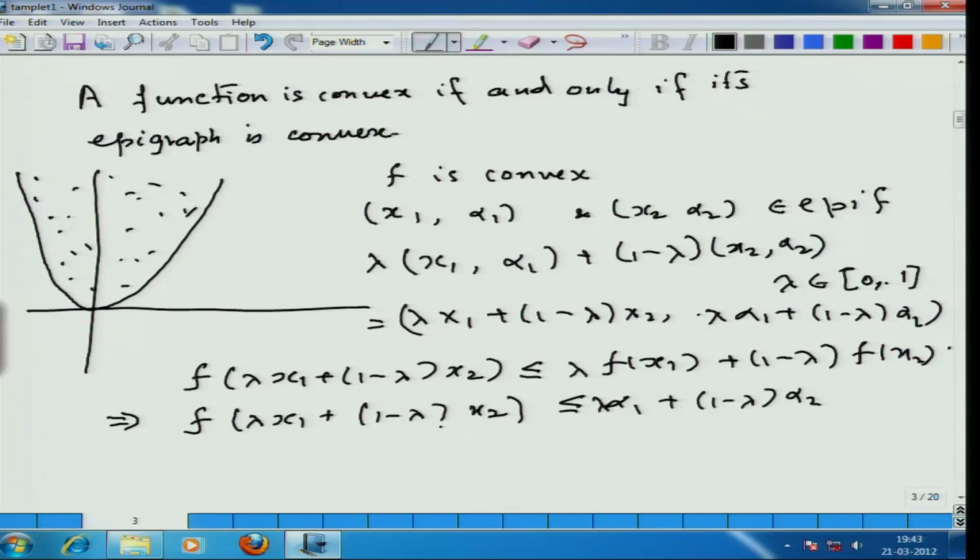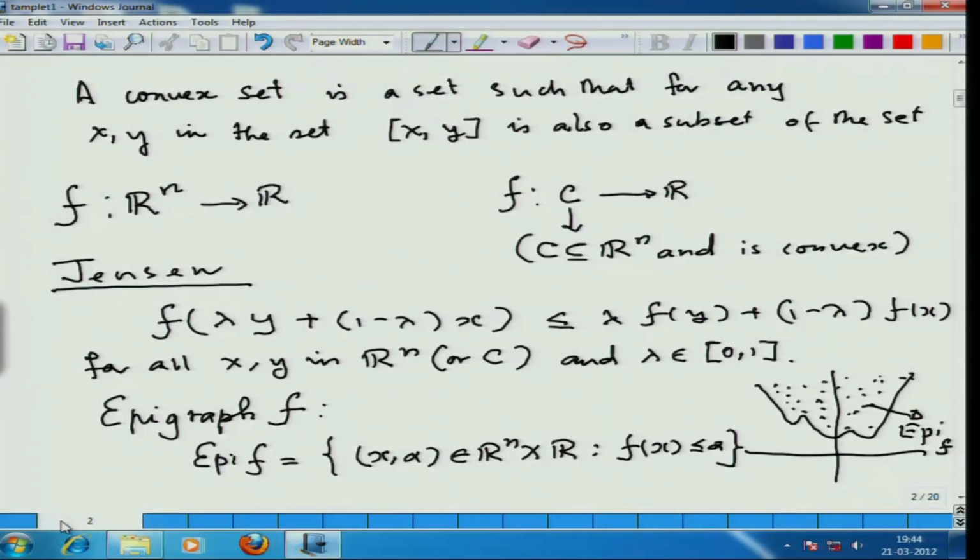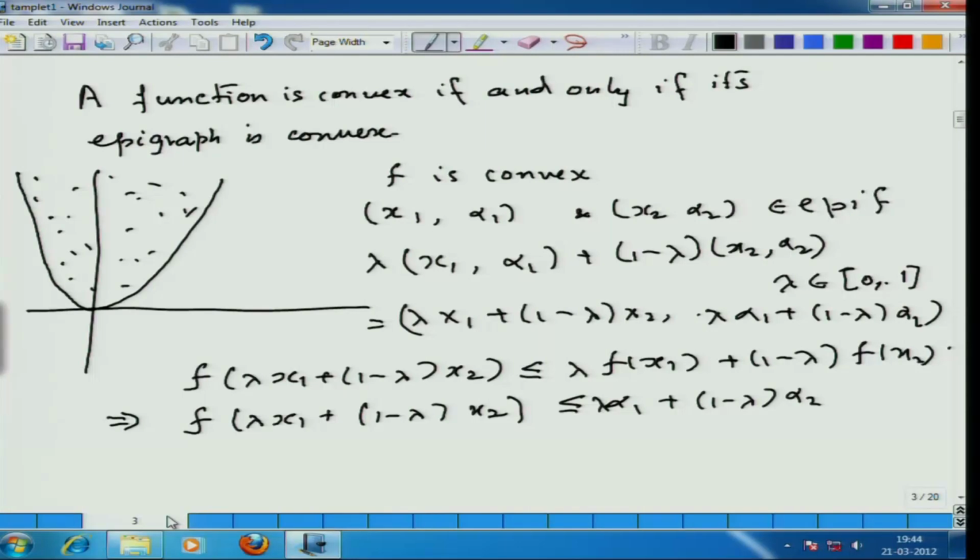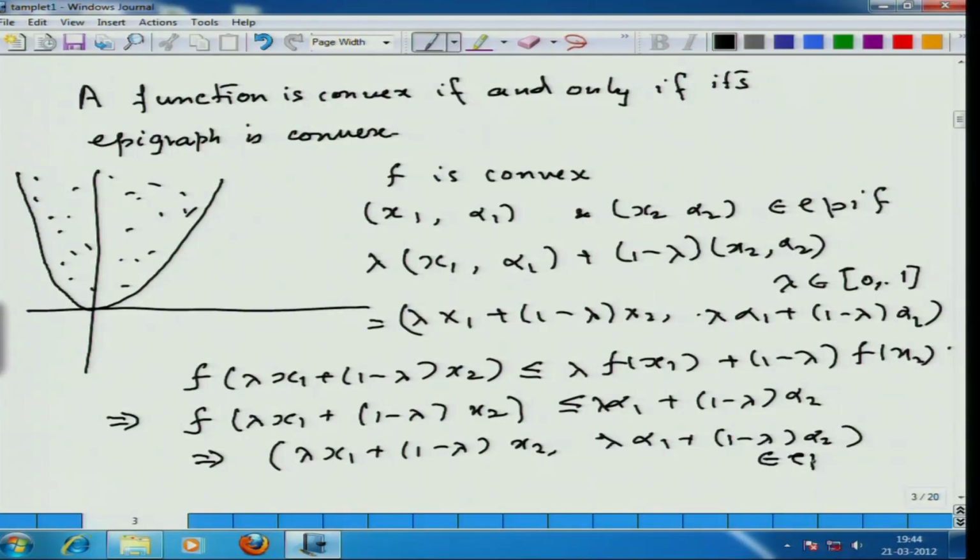By the very definition of the epigraph, go back once again and check the definition: f of x is less than or equal to alpha, all such (x, alpha) for which this occurs. So, this is an x and this is an alpha, this is in R^n and this is in R, and then this would imply that (lambda x1 plus (1 minus lambda) x2, lambda alpha1 plus (1 minus lambda) alpha2) is in the epigraph.